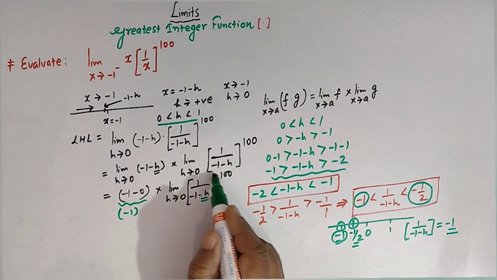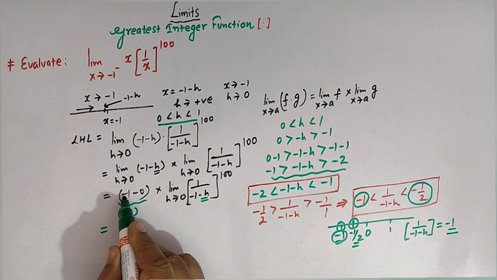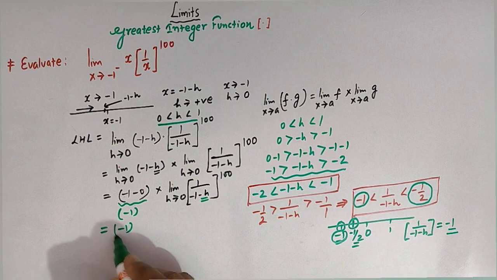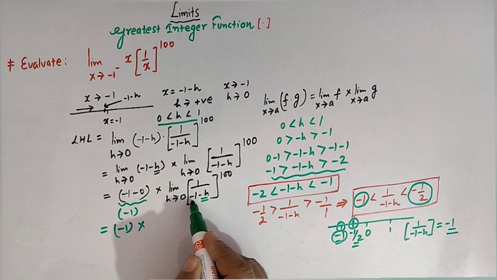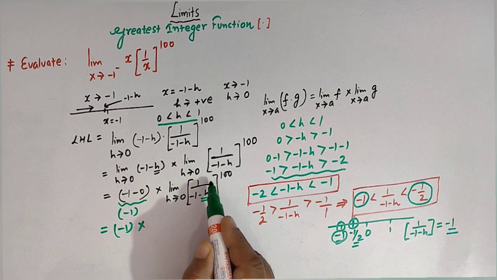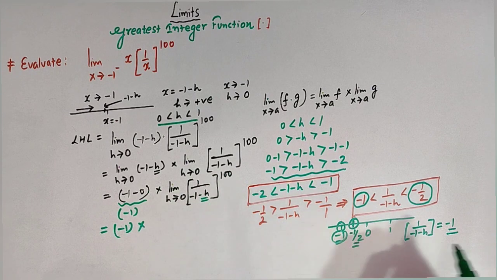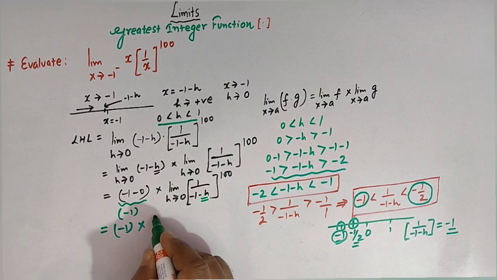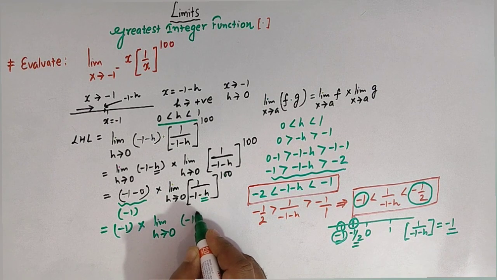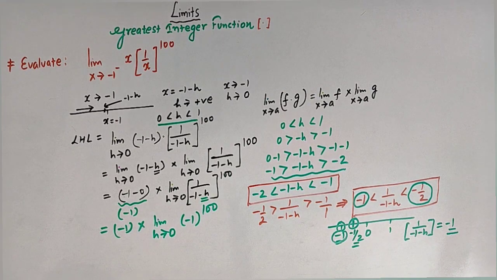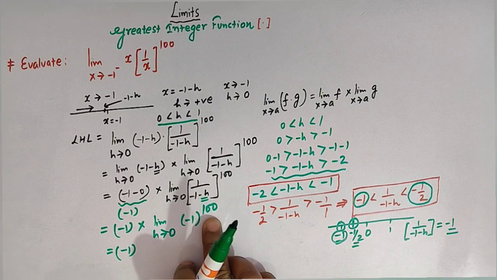So now we have minus 1 minus 0, which is simply minus 1, and the greatest integer of 1 over minus 1 minus h is equal to minus 1. So we have limit h tends to 0 of minus 1 raised to 100. Now we can omit the limit notation, because we do not have any h.